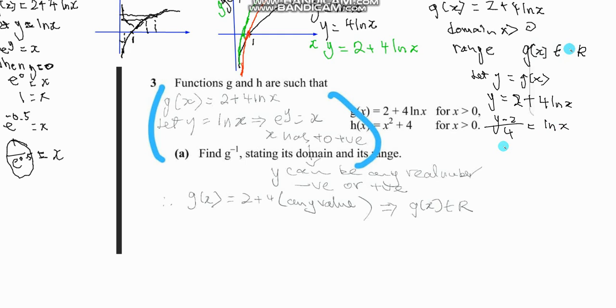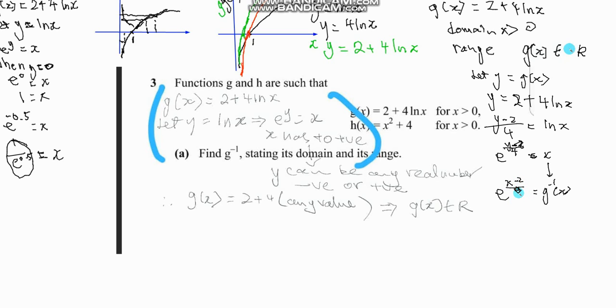Okay, now then let's make it e to the power (y minus 2) over 4 equal to x. Then this becomes the inverse function of g. Then the y becomes the x, so it's e to the power (x minus 2) over 4.